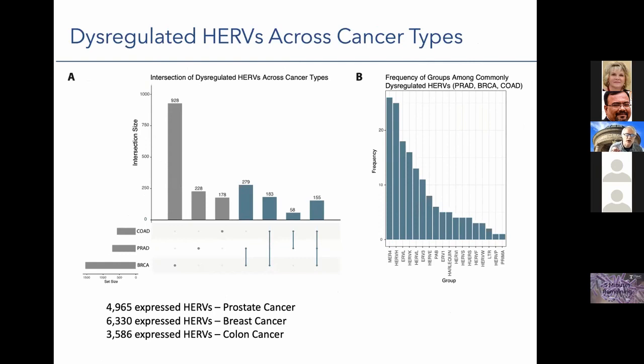But we're also starting to collaborate. I've got a collaborator at GW, Kate Chapinelli, who has a nice cell model in cancer where she can go in and do the lab manipulations to express or not specific HERVs in relationship to specific genes, so we can start testing mechanistically what's going on with some of these.